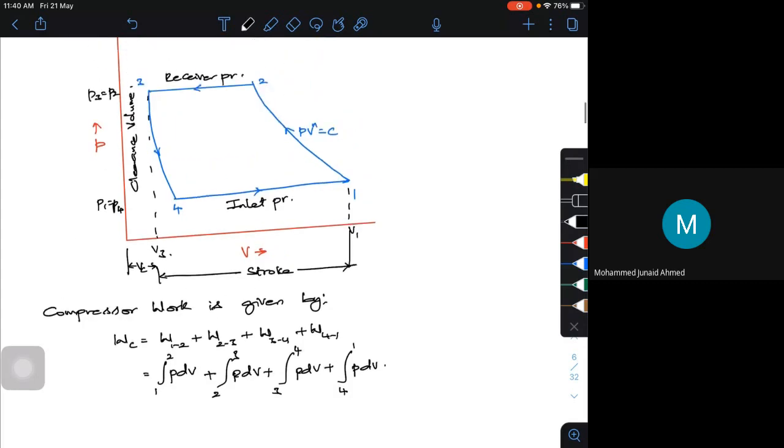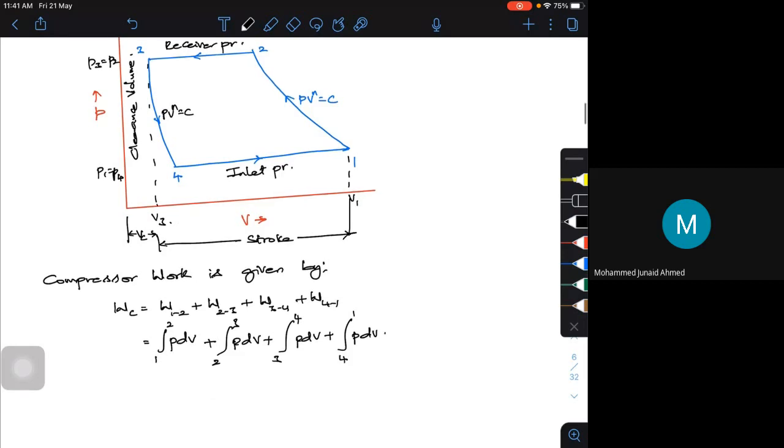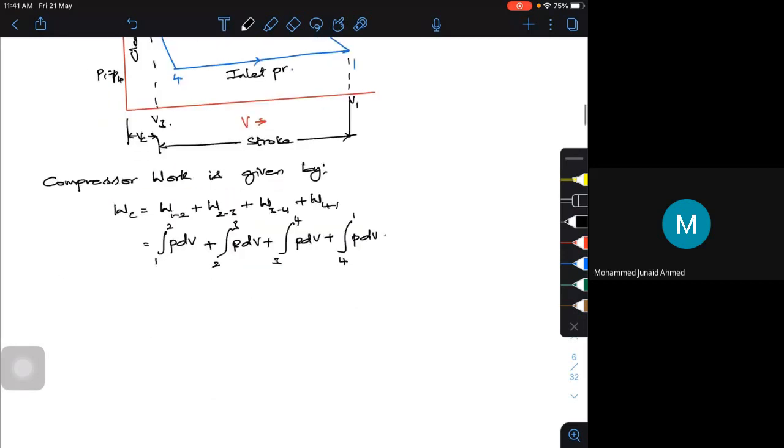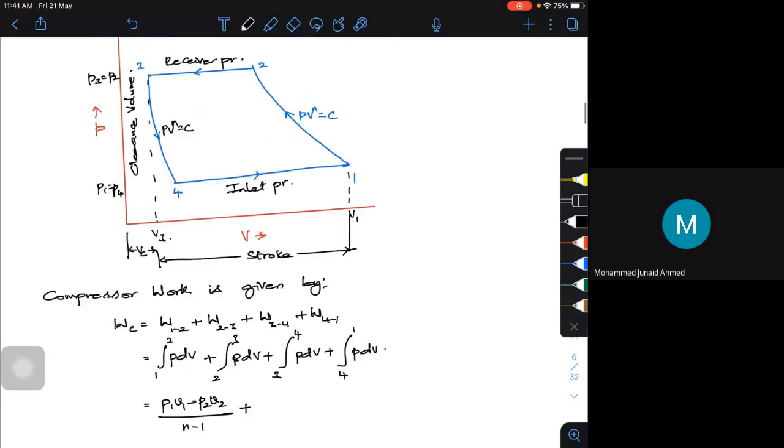Now, what are the expressions for this particular thing? Even this is according to your polytropic only. Your 3 to 4, even though it's a very small expansion that happens, is also polytropic. Now for process 1 to 2, it is polytropic. I can write it as P1 V1 minus P2 V2 divided by n minus 1. Then your process 2 to 3 is actually constant pressure.